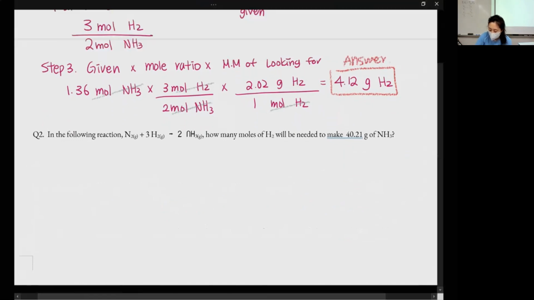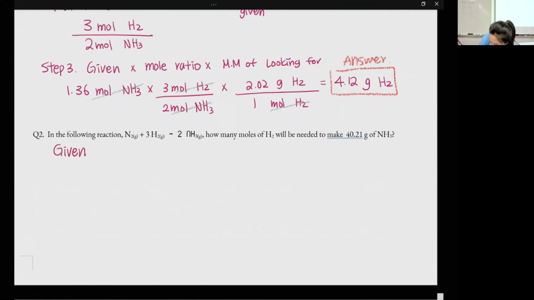For this one, we know our given is right here: 40.21 grams of NH3. What we're looking for is moles of H2.